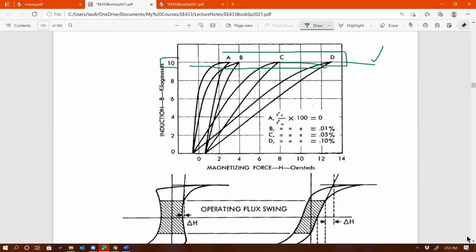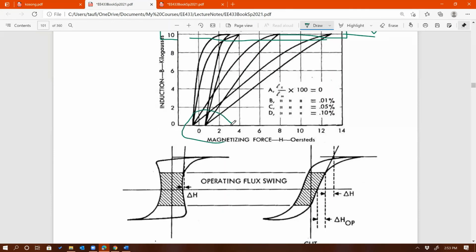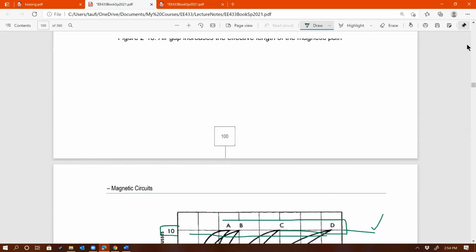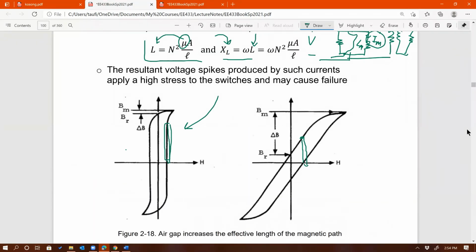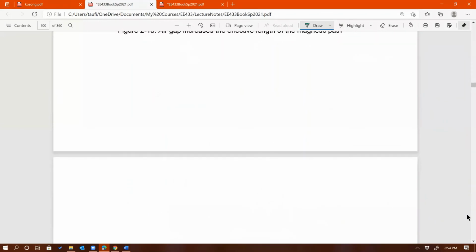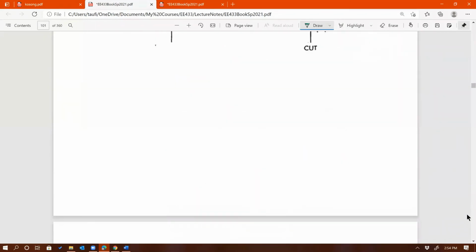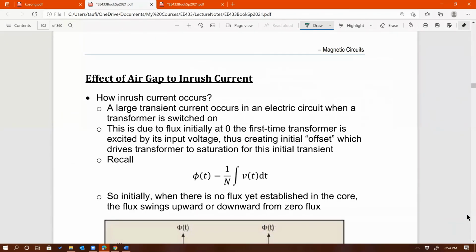Any question on that? The second thing is this. Look at this part right there. You can see that. What do you call that? Residual, not residual. I forgot the term now. Sorry. There's a term for that.